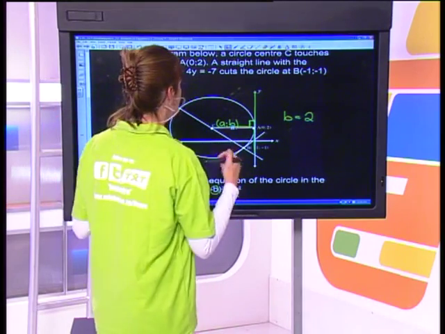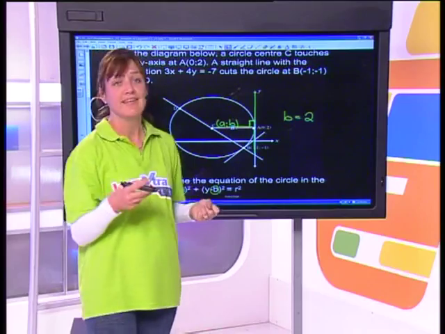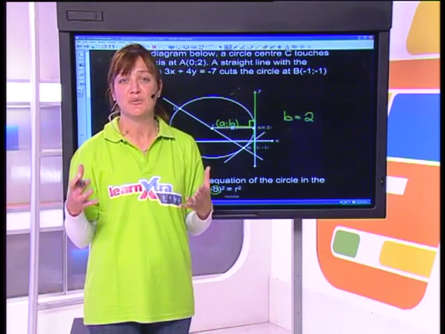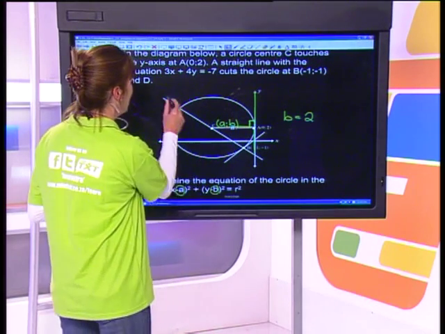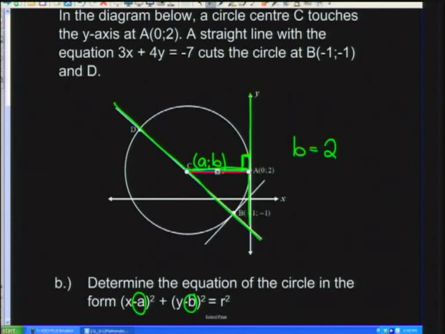All right? So because I know what b is, it's not difficult to work out, because this point C is sitting on the straight line. And remember, the straight line had that equation over there. So let's first of all start by substituting a and b into my x and my y. So therefore I would have 3a plus 4b equals negative 7.